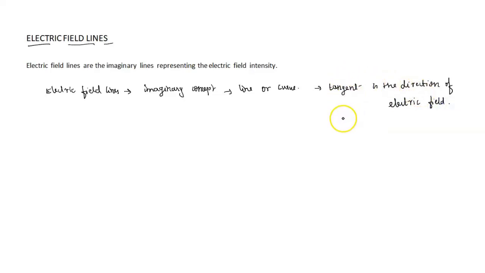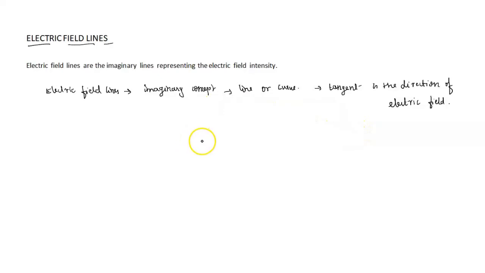So we can say an electric field line is an imaginary line. It may be a line or it may be a curve drawn through a region of space so that its tangent, if you consider a curve, at any point is the direction of the electric field vector at that particular point.